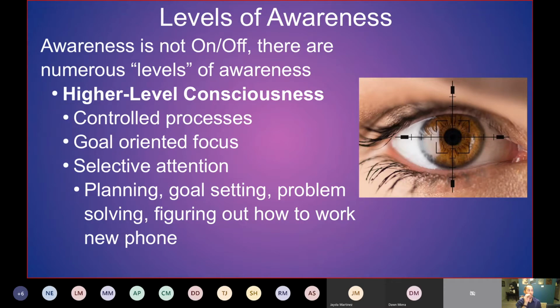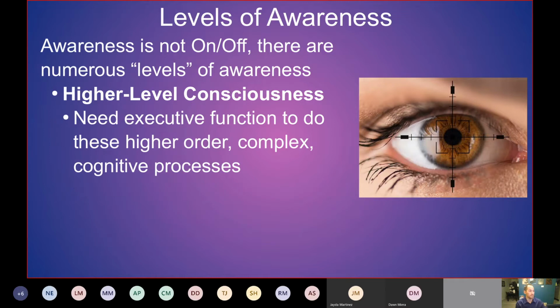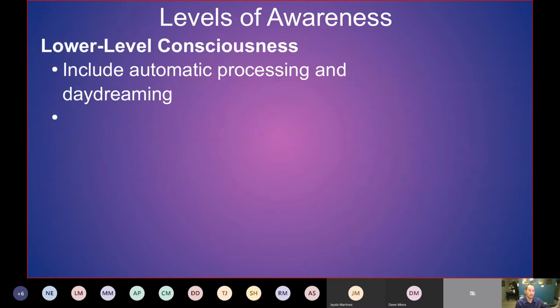So I have to have more higher level consciousness when using my phone now versus before. I could use a lower level consciousness. I didn't have to be as aware of what was going on. So with that, you need executive function. You're going to be using the prefrontal cortex for that, for a lot of these processes.